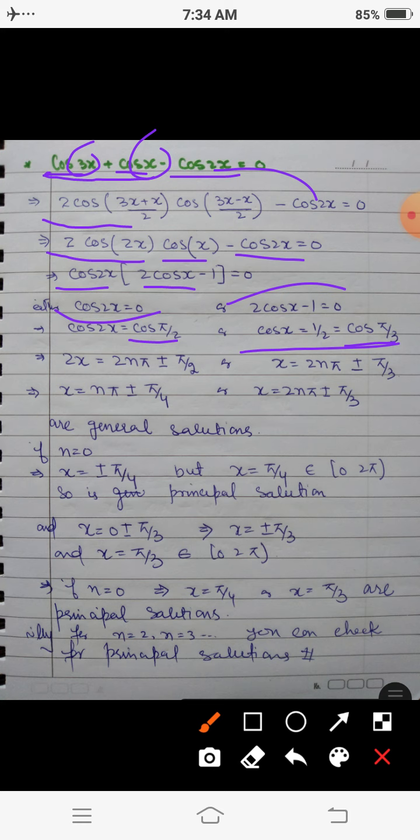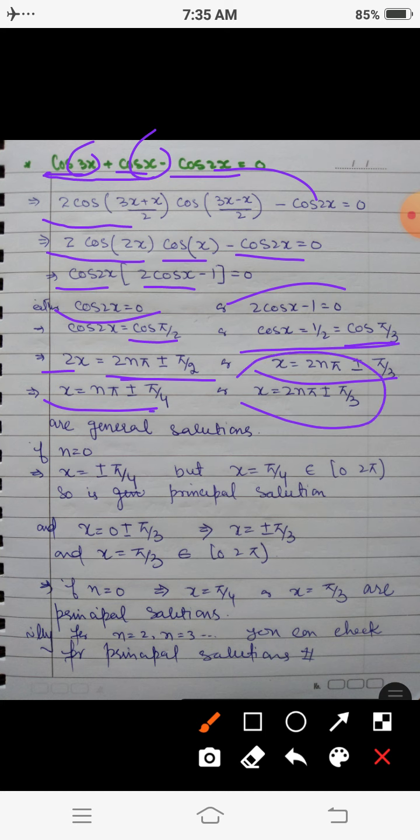Now using cos x equals cos y implies that x equals 2n pi plus or minus y. So here it is 2x equals 2n pi plus or minus pi by 2, and x equals 2n pi plus or minus pi by 3, which implies that x equals n pi plus or minus pi by 4, or x equals 2n pi plus or minus pi by 3.